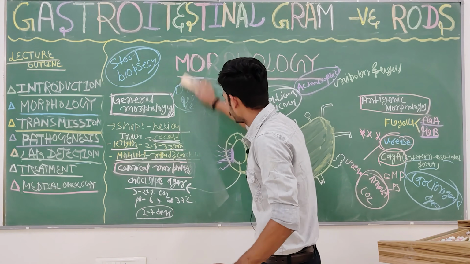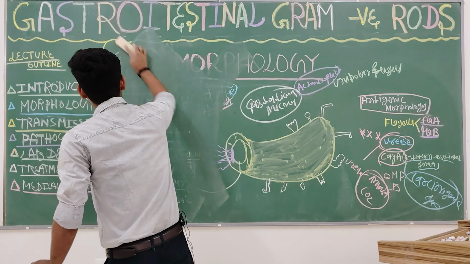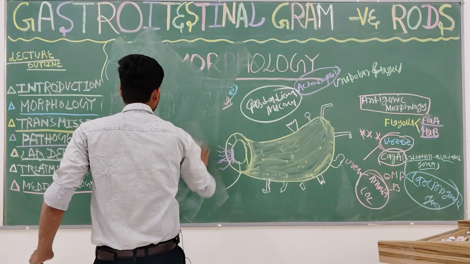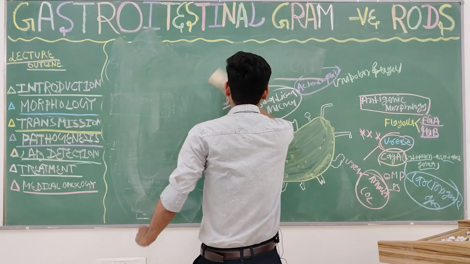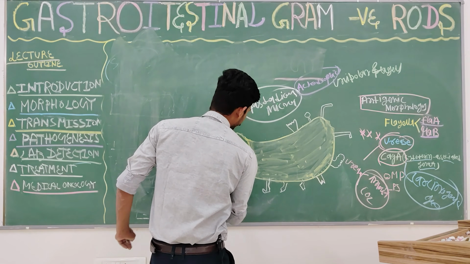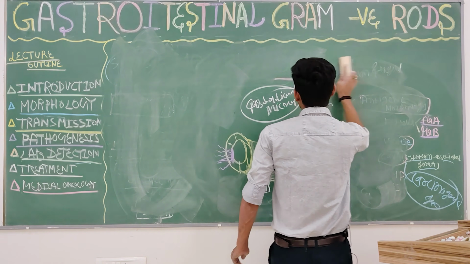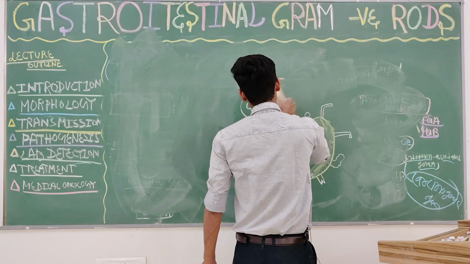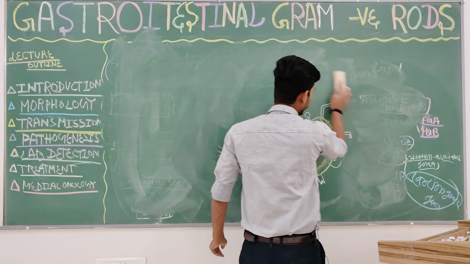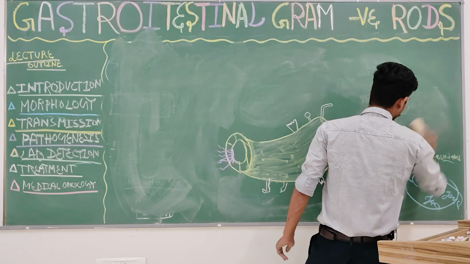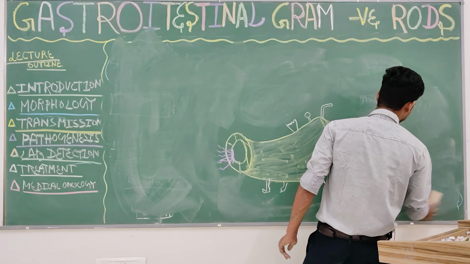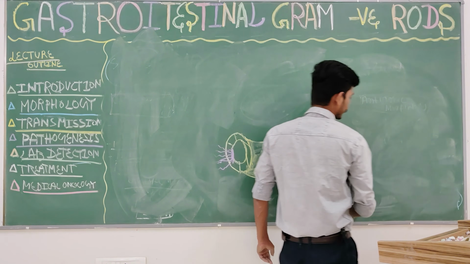Now let's talk about the H. pylori pathogenesis. You know that the H. pylori bacterium does not respond to innate immunity. One of the physiological barriers is the hydrochloric acid, isn't it?